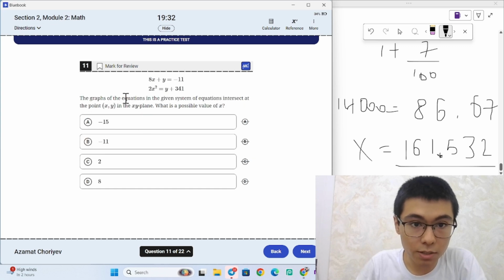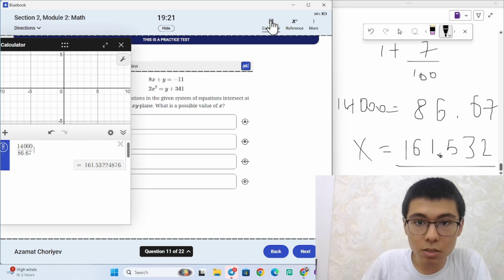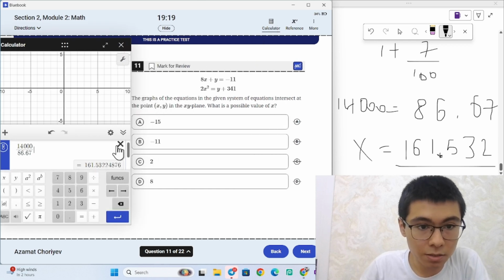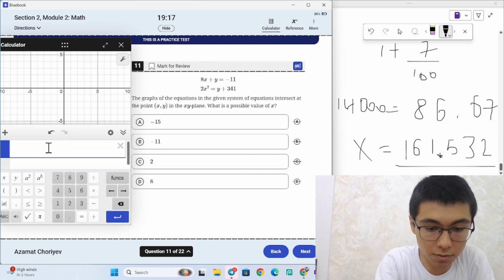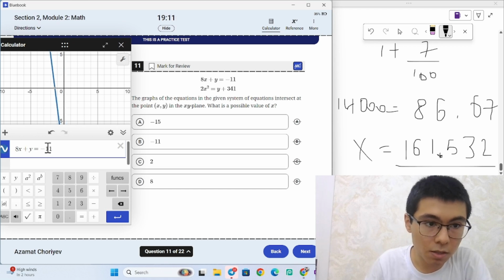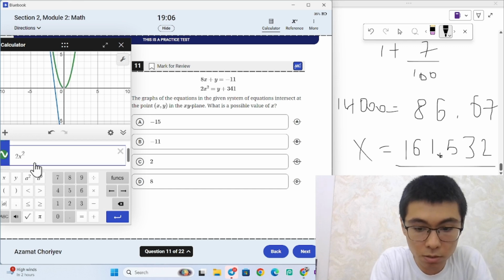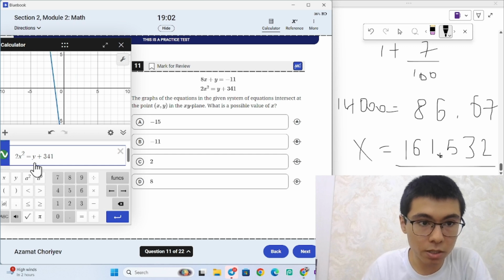So the next one. Here we have two equations and they intersect at these points. What's the possible value of x? Well, I can actually use the Desmos calculator here, which is a built-in software in BlueBook. Y equals minus 11, and then 2x squared equals y plus 341.